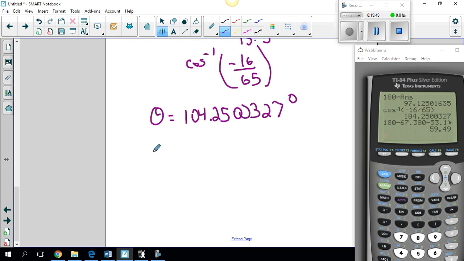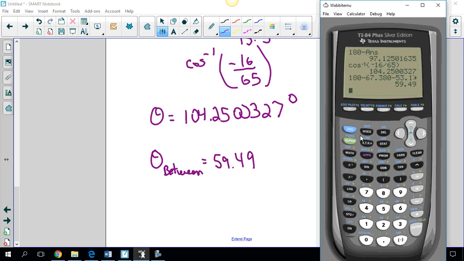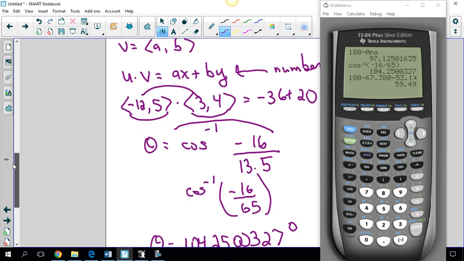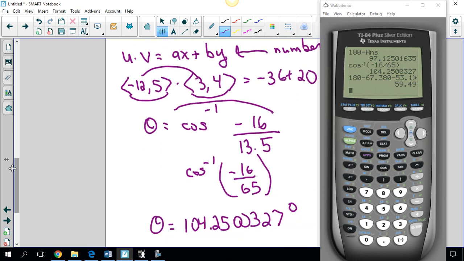So up above it says theta between is 59.49. What just happened? Mode degrees, inverse cosine, magnitude of u, magnitude of v. Ooh, 65. Double checking my calculation. Not exactly sure. Let me pause for a second.